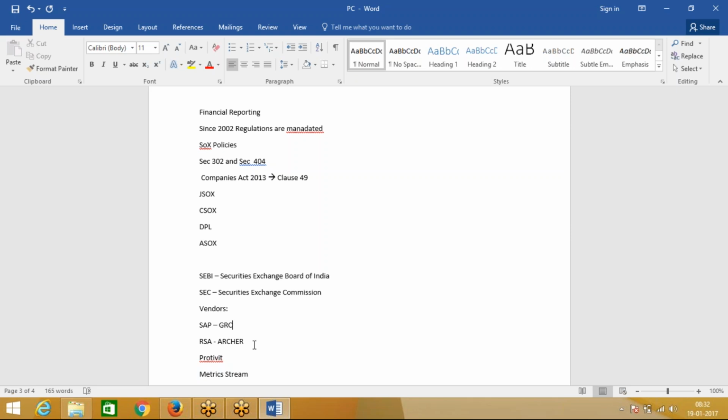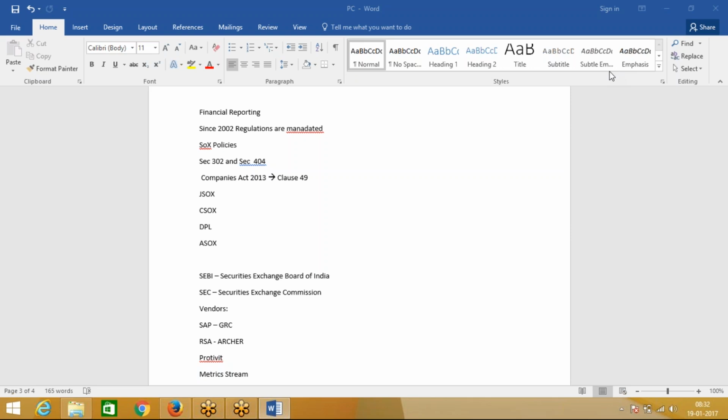And one more reason: most of the current ERP market has been acquired by SAP, even though other vendors like Oracle, Microsoft, and small vendors are there.